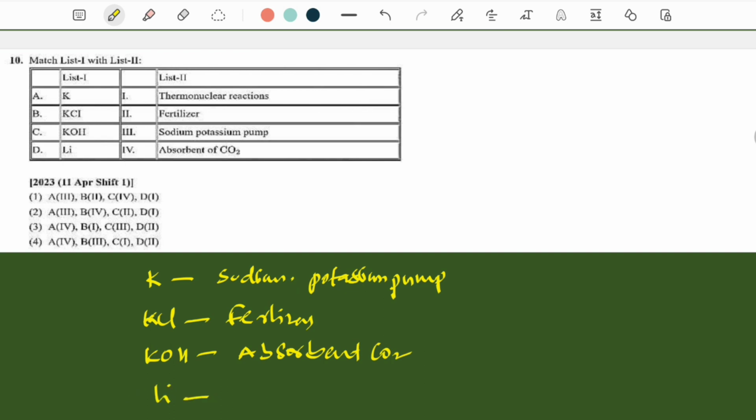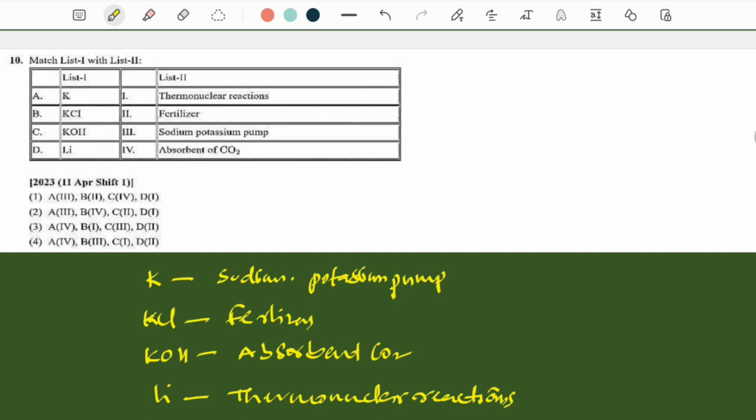Lithium can indeed participate in thermonuclear reactions, especially certain fusion reactions.